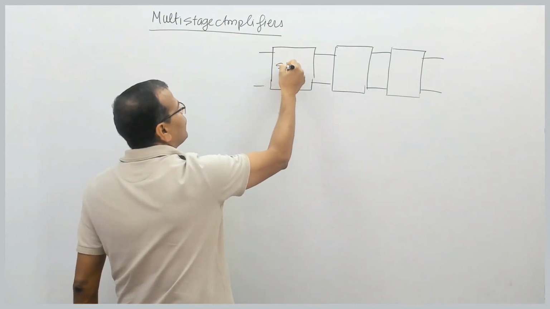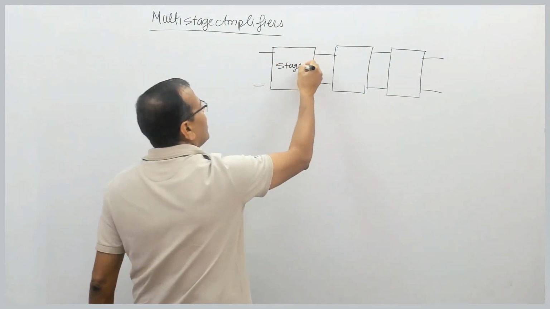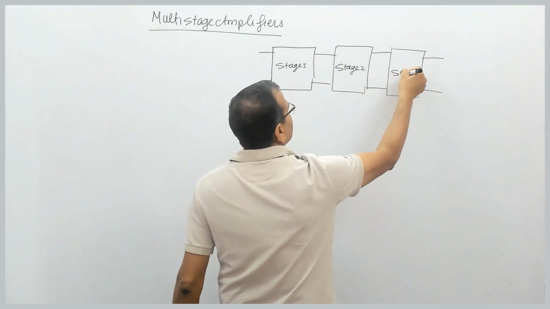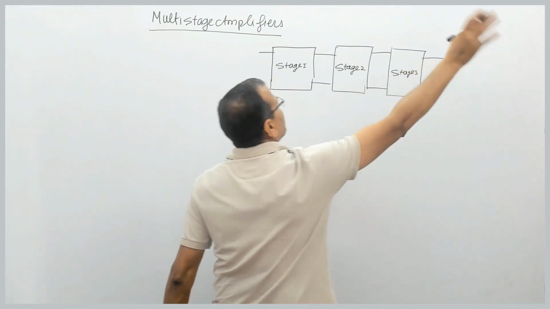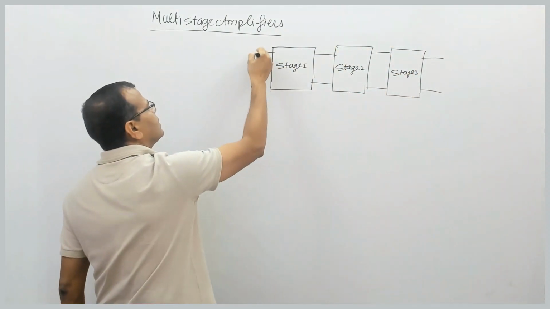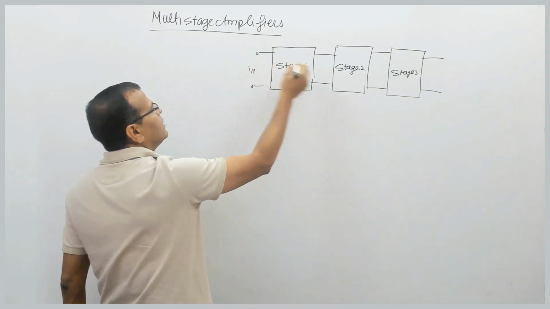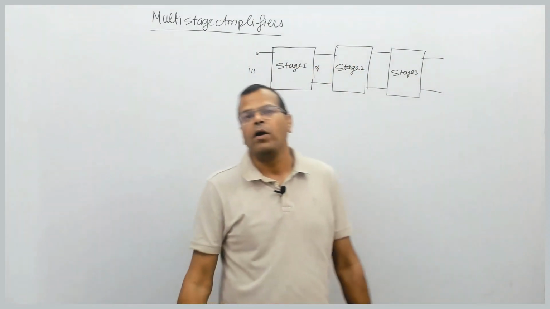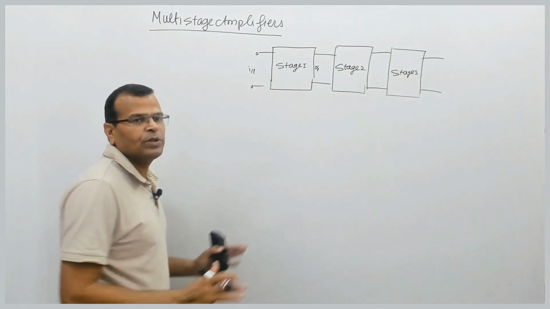This is stage 1 amplifier, this is stage 2, this is stage 3, and you can connect n number of stages like this. This is the output of the first stage, but the input of the next stage, and so on.